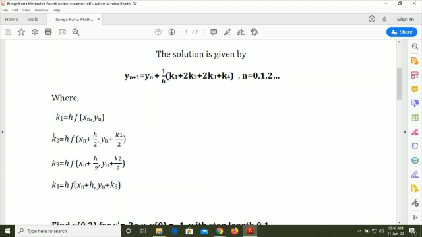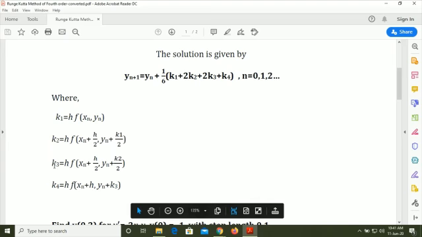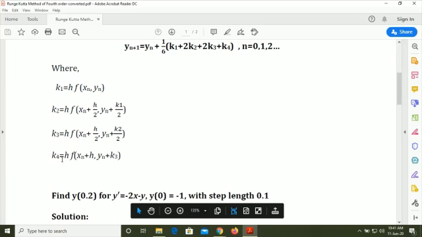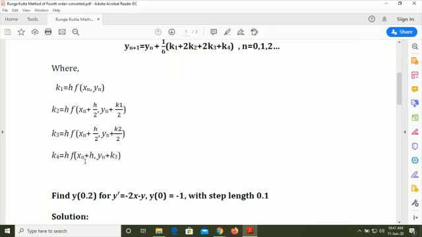At that time, k1 will be h into f(x1, y1). k2 will be h into f(x1 + h/2, y1 + k1/2). k3 is h into f(x1 + h/2, y1 + k2/2). k4 is h into f(x1 + h, y1 + k3).